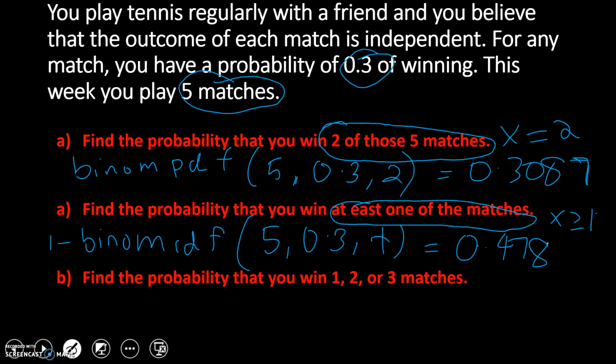Part C. Find the probability that you win 1, 2, or 3 matches. It's asking for multiple outcomes, so you add all of them up.